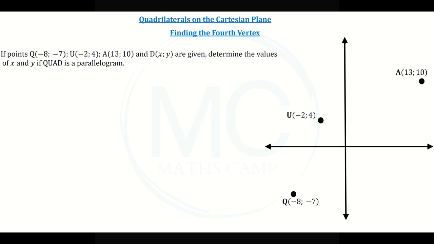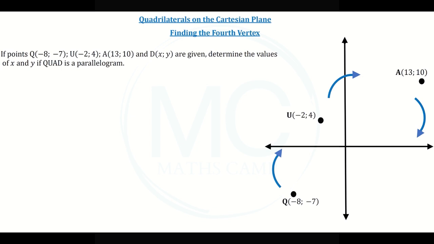The parallelogram is called QUAD, so we can see we are considering the letters in a clockwise direction from Q to U and then to A. This means that D must sit somewhere down here. QUAD is a parallelogram, which we know has two pairs of opposite sides that are equal and parallel.